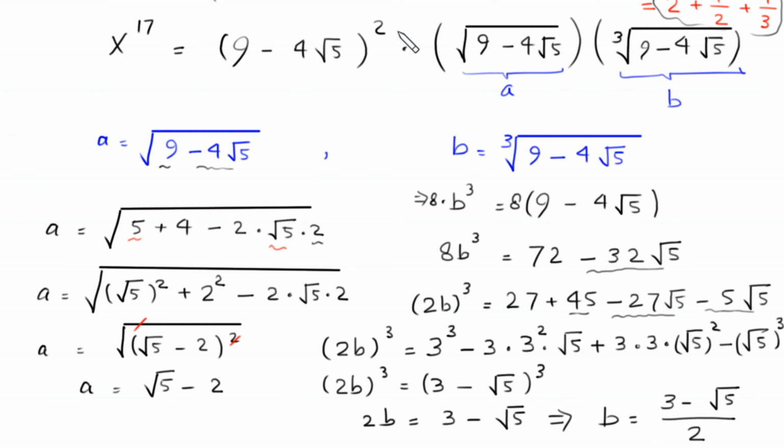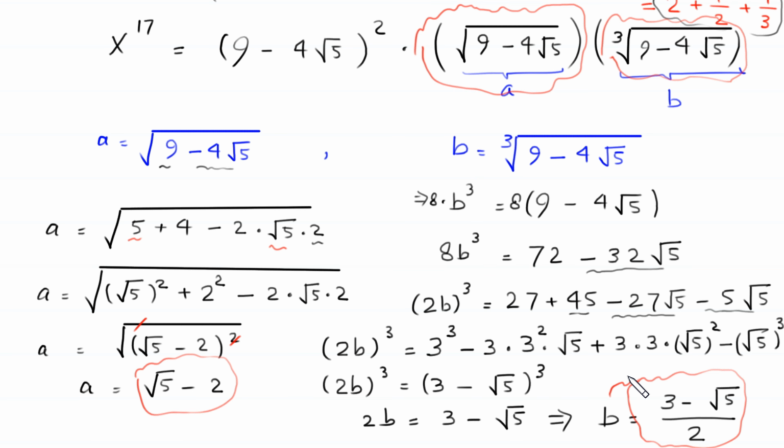Now in this expression we replace this square root of 9 minus 4 times root 5 with this value, root 5 minus 2, and we replace this cube root of 9 minus 4 times root 5 with this 3 minus root 5 over 2.